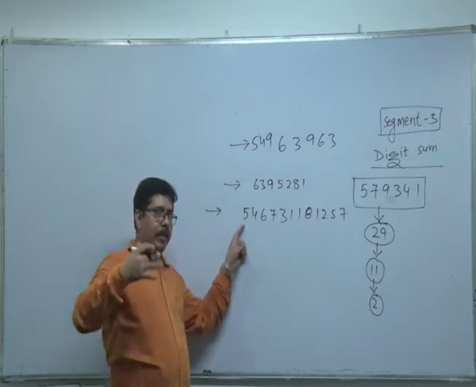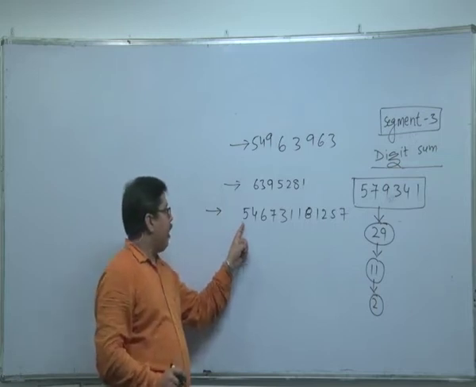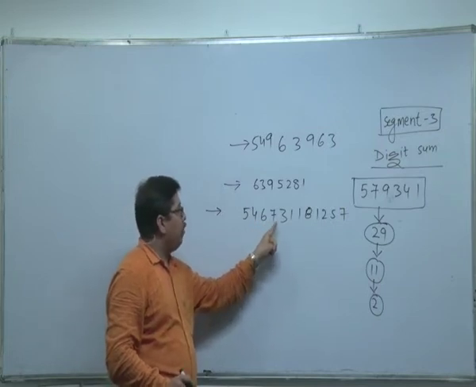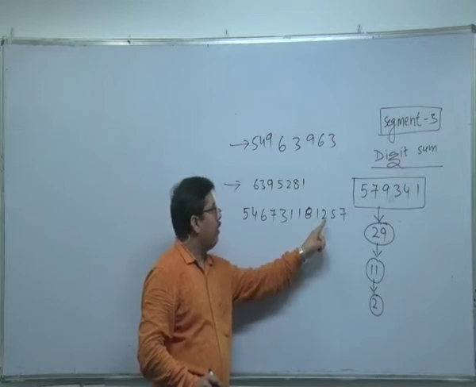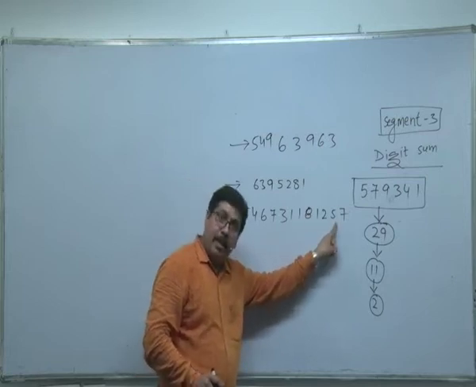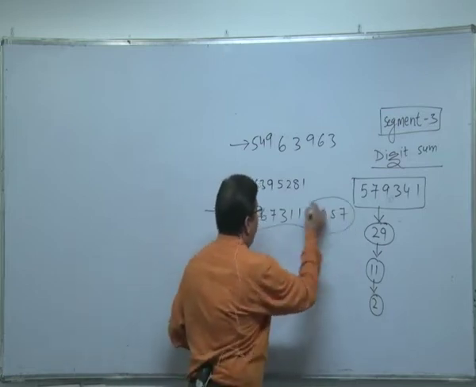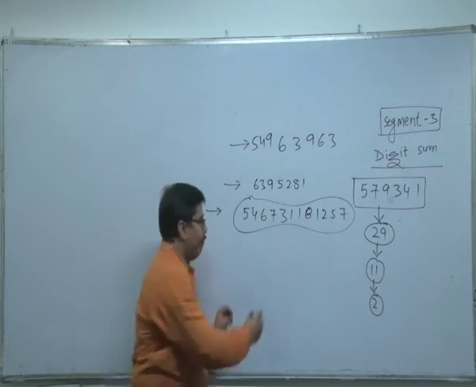First of all, calculate the sum of the digit, in fact. 5, 4, 9, 9, 6, 15, 22, 25, 27, 35, 36, 38, 43, and 7 is 50. So, sum of the digit of this big number is 50.